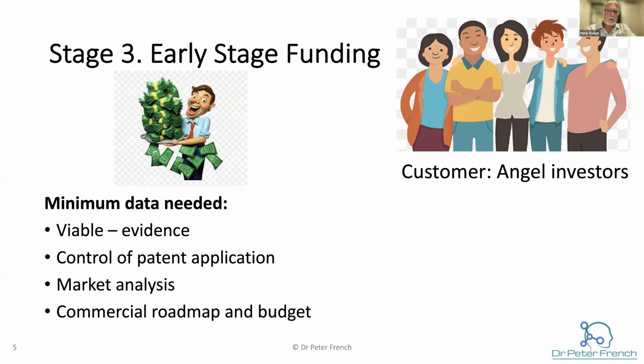However, to do that can require a fair bit of funding, and therefore clearly you need to have enough data to be able to convince people to take the risk, to invest in your company or your idea, to be able to test it in that sort of environment.